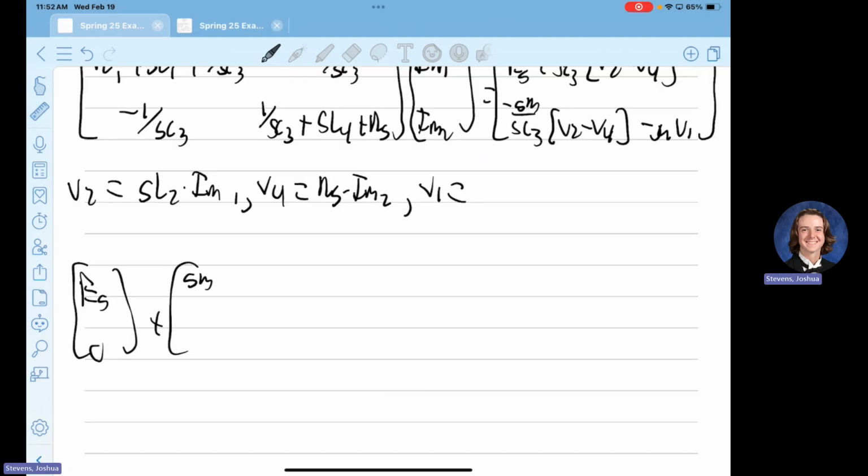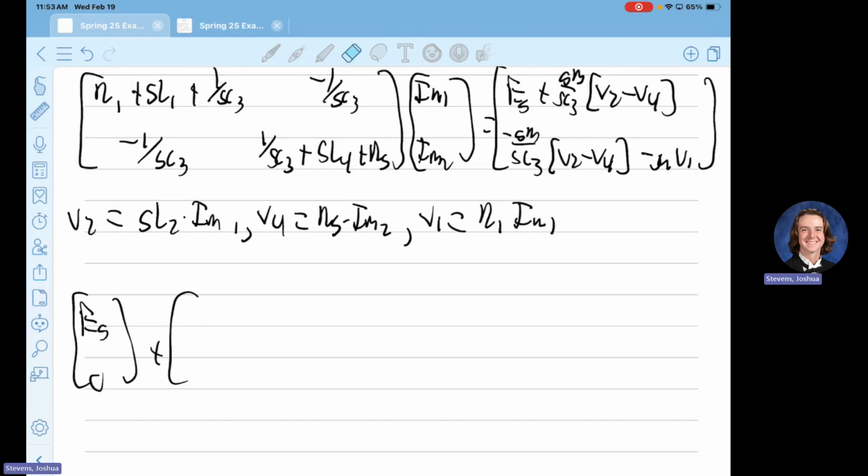Because we can't just get voltage from current, we have to use that relationship of Ohm's law, V equals IR, or V equals ZI. Okay, that becomes R1 times IM1. So that then becomes GM over SC3 times V2, which is SL2 times IM1 minus V4, which is R5 IM2.